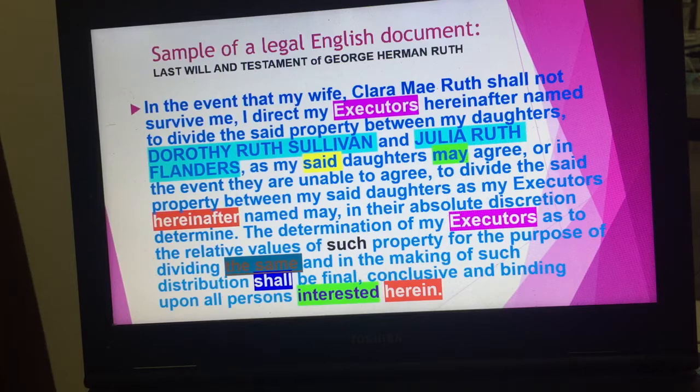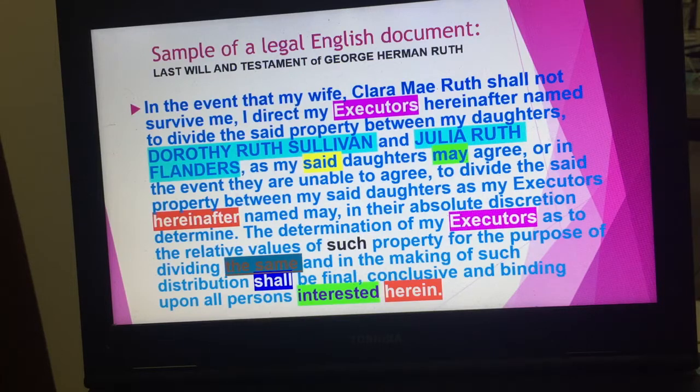We can see that the kind of features, again repeating themselves: executors, capital names of second party in uppercase, long sentence, very complex sentence. The verb sometimes delayed, as in "shall be final" at the very end, the line before the last, penultimate line.